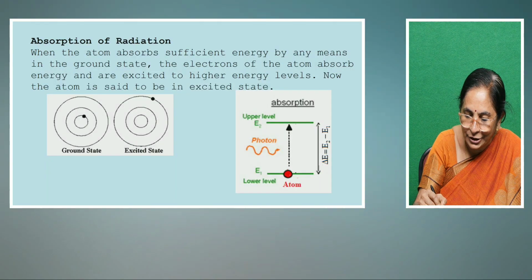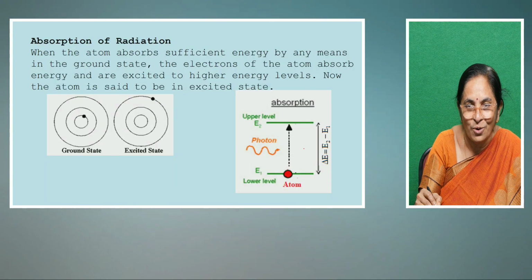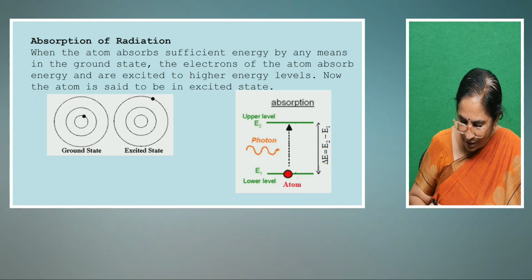This electron can absorb energy only if the energy is equivalent to this difference, because these are the energy levels. The space in between them is called the forbidden energy gap. Suppose the incident photon has energy lesser than this delta E value, this electron will not absorb that energy. So it will absorb the energy only when it is equivalent to delta E, so that it could go to the next higher energy level. So this is what is called absorption.